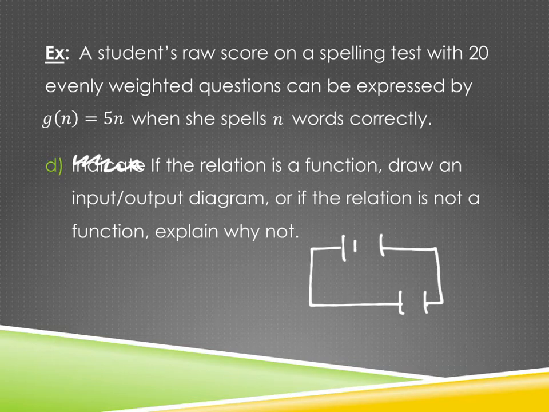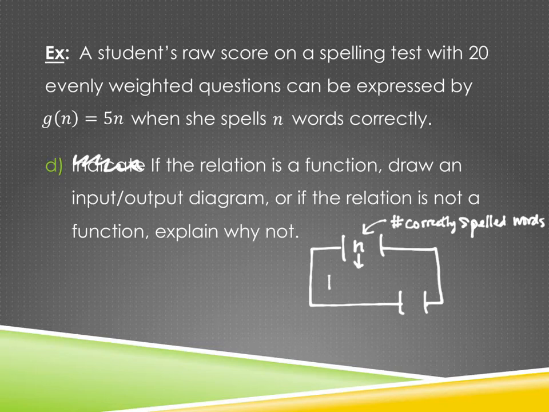The open area at the top is what's coming into the function. It's n. And somewhere up there you need to tell what it is. So this is the number of correctly spelled words. Well, what does it go into?